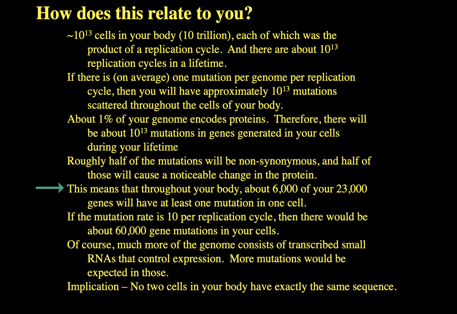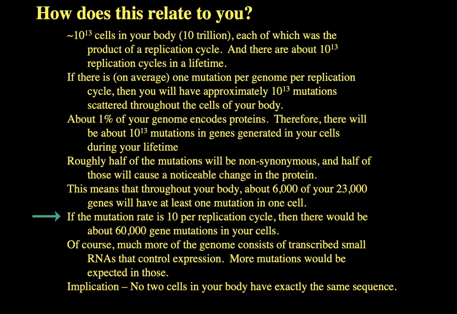So that means throughout your body, about 6,000 of your 23,000 genes will have at least one mutation in one cell, not in all cells, just in one cell here or there. If the mutation rate is 10 per replication cycle, then there would be 60,000 instead of 6,000. So if you have a problem in your repair enzymes, then you'll generate even more mutations.